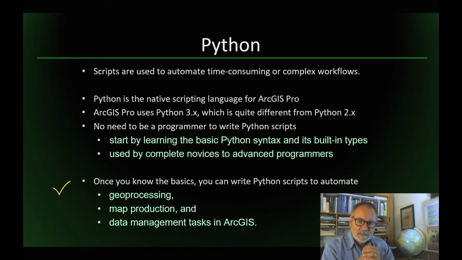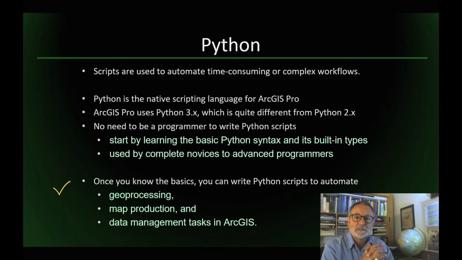So once you know the basics of Python, and we'll start very soon, you can automate geoprocessing workflows in a similar way to how you used the model builder before. You can use it to create automatic map production. I had hired once a summer student who helped me produce hundreds of maps, all completely automated, all with their own legend, all with their own titles, all with their own parts that make up the map.